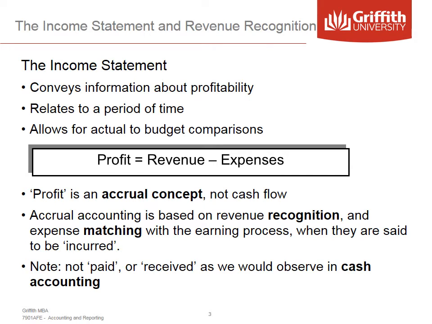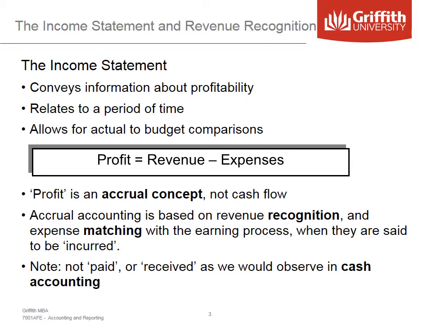Accrual accounting starts by saying that we will recognise revenue when it is earned. Now notice in that language, I'm not saying receive the money. I'm saying revenue is recognised when it's earned. And recognition in this environment means that it will appear in the income statement and in the accounting system.